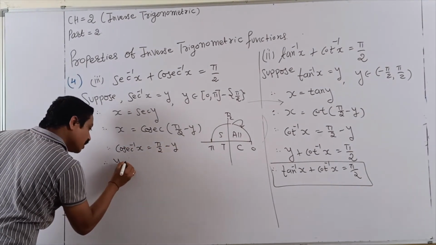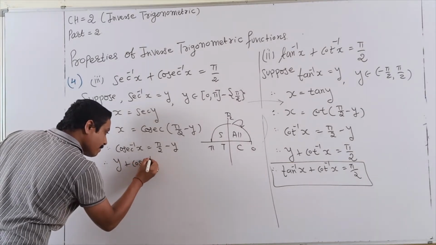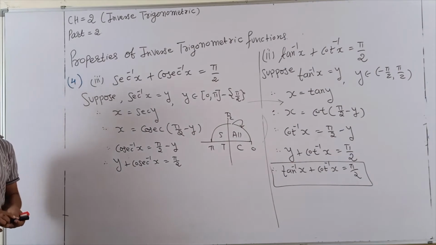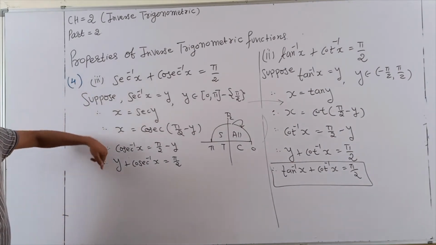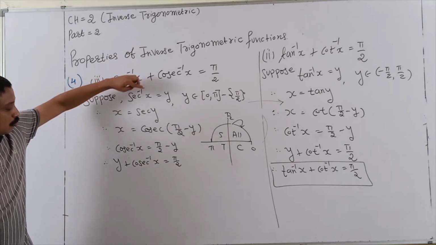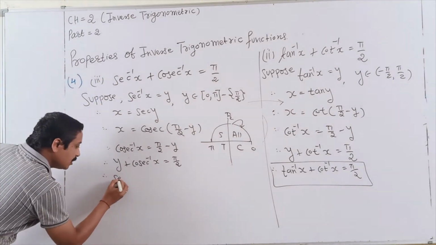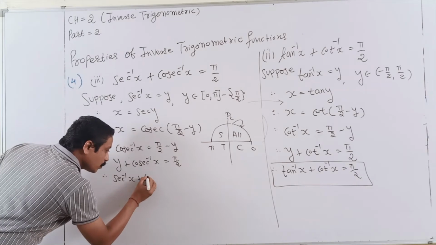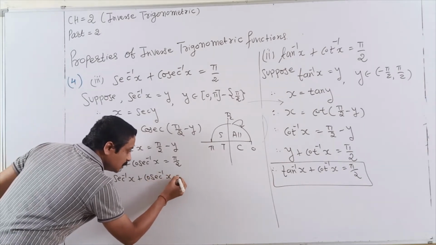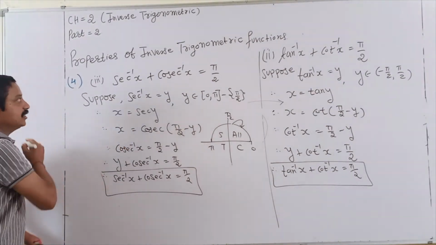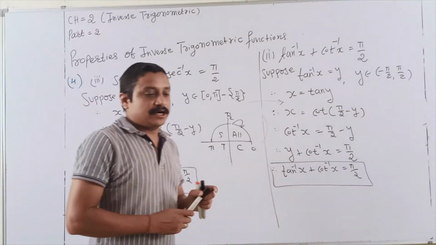It means y plus cosec inverse x is equal to pi by 2. Finally, students, this y is already assumed, so put in that value and done. Sec inverse x plus cosec inverse x is equal to pi by 2, and that's my third case done.